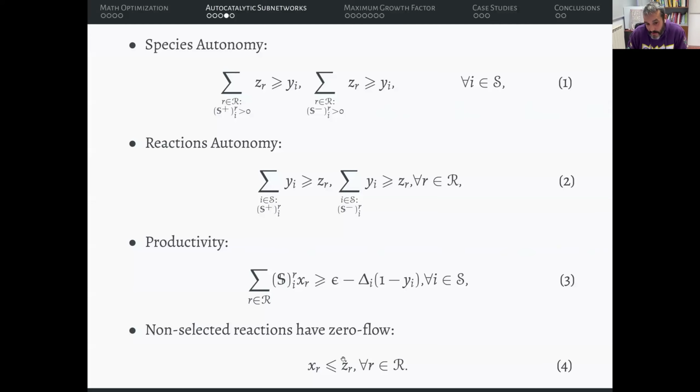But in case the C is 0, it means that the flow is not possible to be greater than 0, so it's going to be 0. This is what we call the support condition. So C is nothing but the way to select the flows that are not going to be 0 in the solution. These are the only equations in my problem.